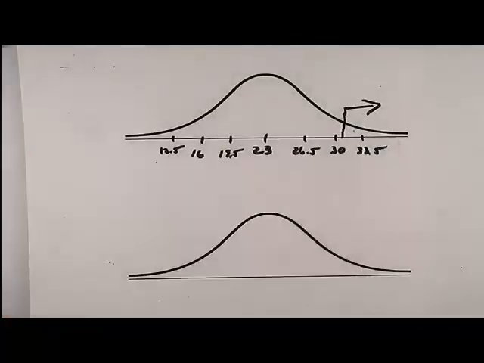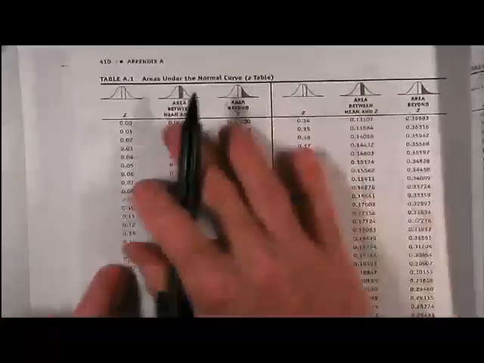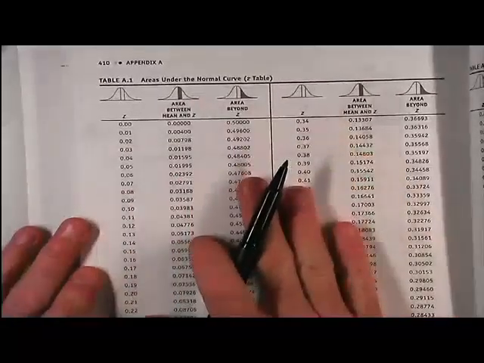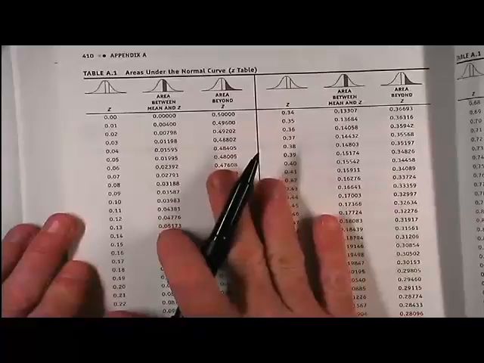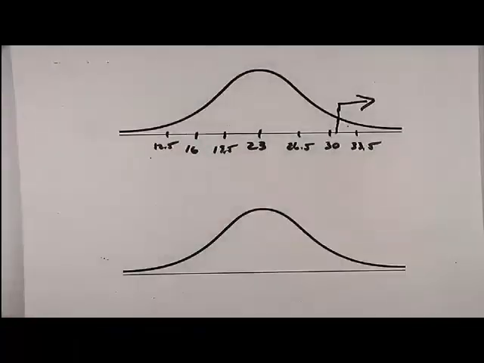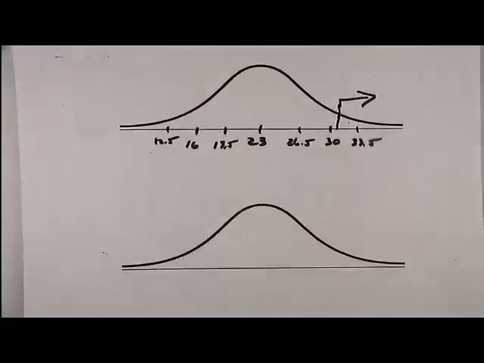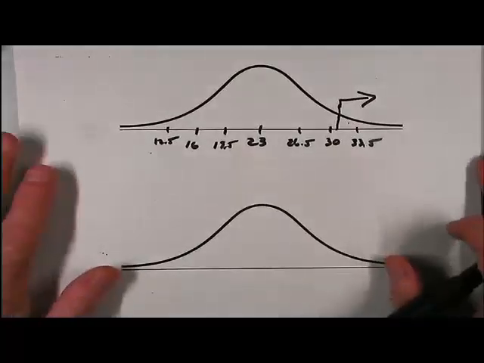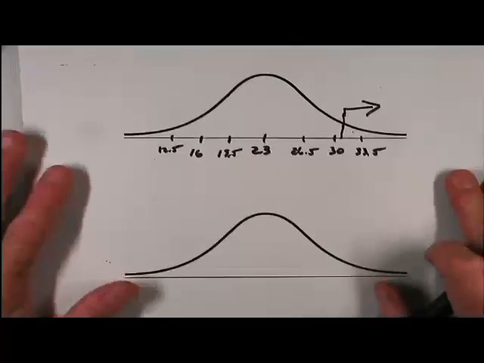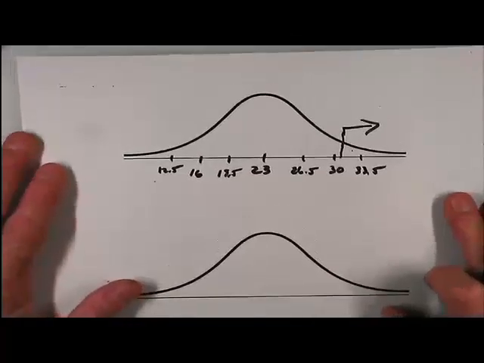The chart is based on z, so that way it's our standard score. So I have the raw score. What do I need to use the chart? So I need to convert my raw score to a z-score.